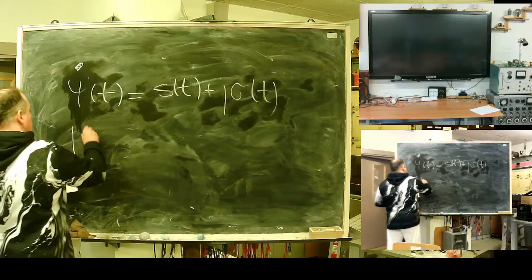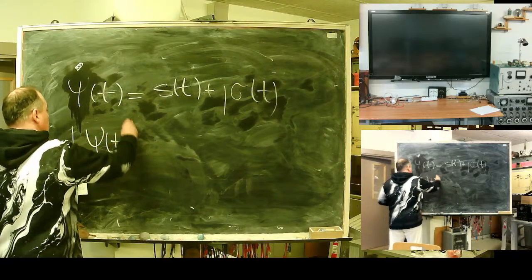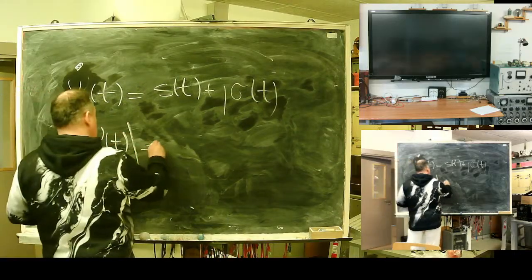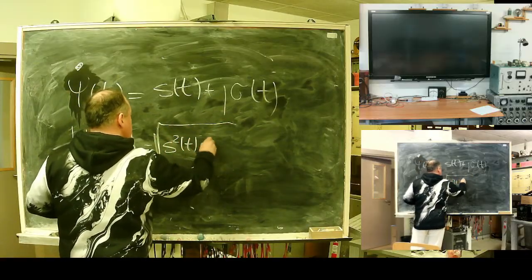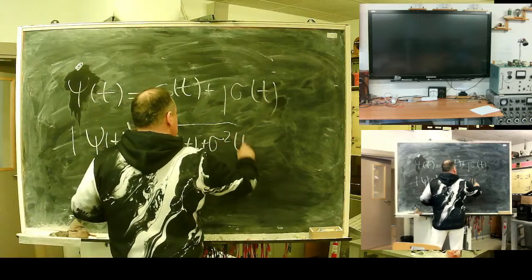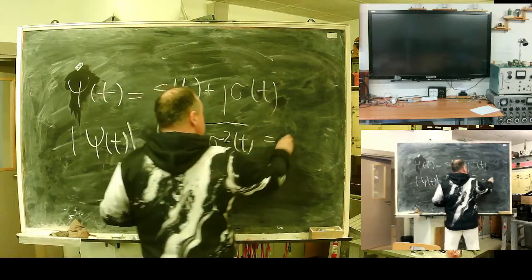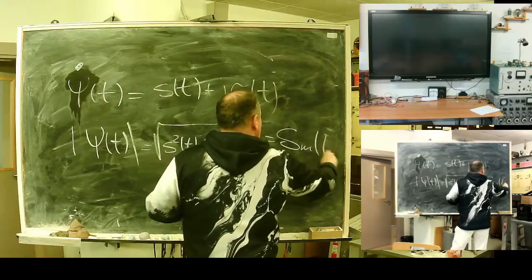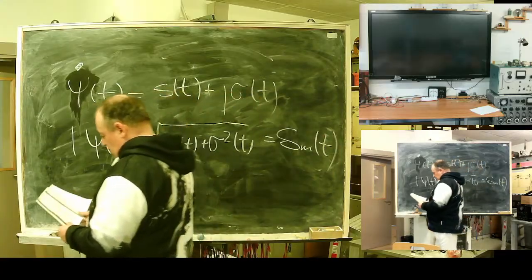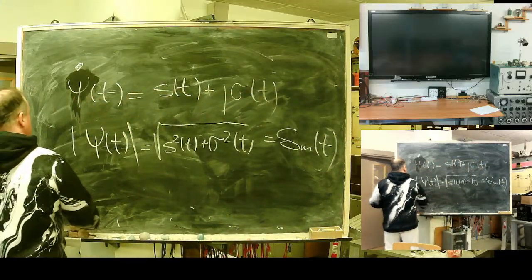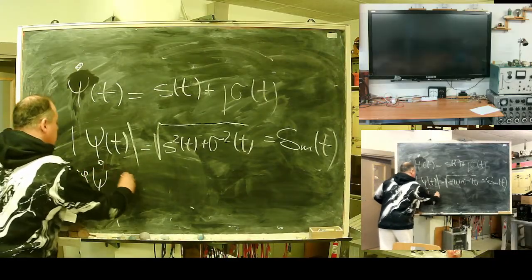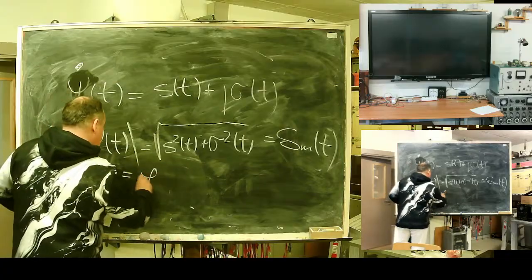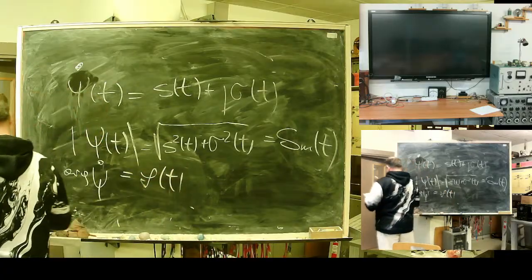This means the absolute value is the square root of s squared plus sigma squared, which gives the magnitude, and the argument of this complex signal equals the angle.